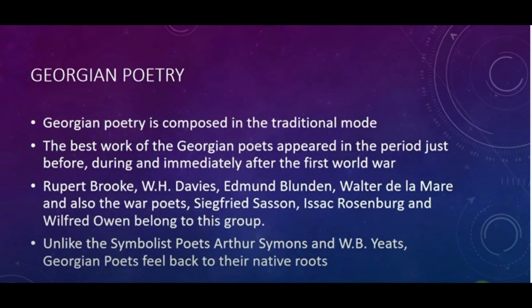Unlike the symbolist poets Arthur Symons and Yeats, Georgian poets fell back to their native roots. Georgian poetry is noted for its minute observation of flora and fauna without any intellectual comment on them in the portrayal of human life.